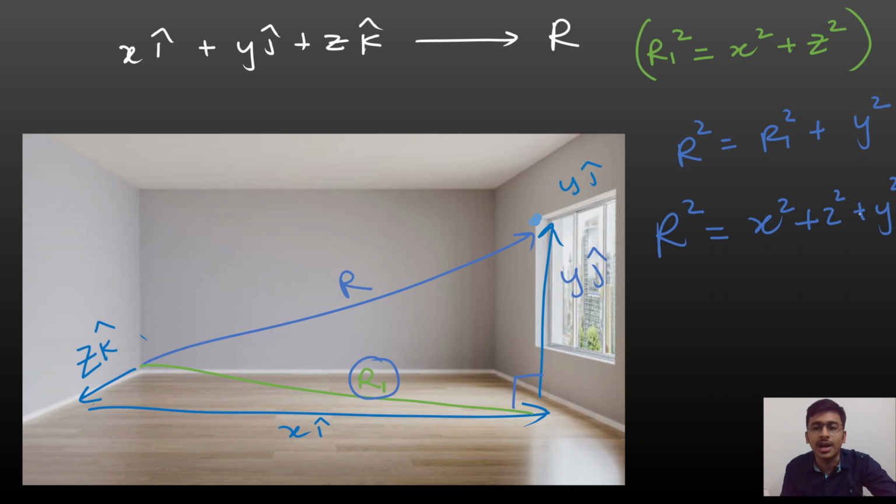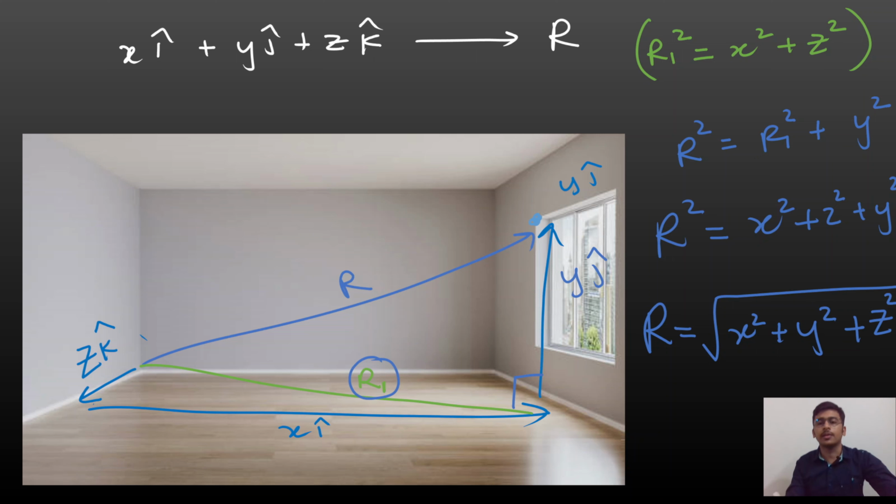And essentially I get a 3D Pythagoras theorem. R is nothing but the square root of x squared plus y squared plus z squared. So this is how you find the magnitude from the components using the 3D Pythagoras theorem.